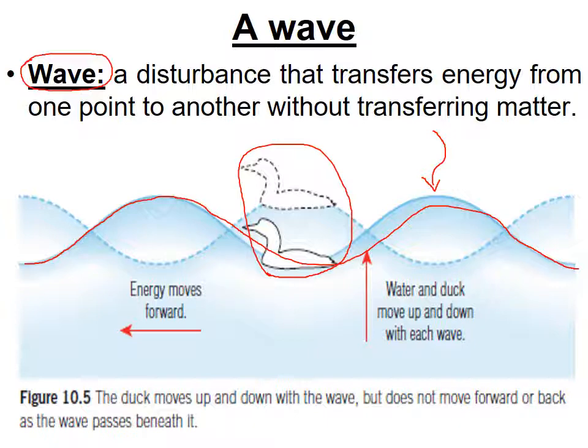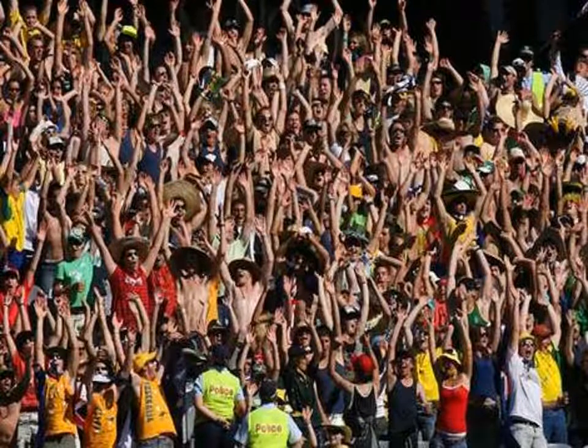It's a transfer of energy without transfer of matter. So in this picture here, the duck would be like the matter, and the wave of water would be like that transfer of energy. The duck, the matter, is not moving, but the transfer of energy, the wave, is moving. And of course, this is another type of wave, but not the wave we're going to study in optics.